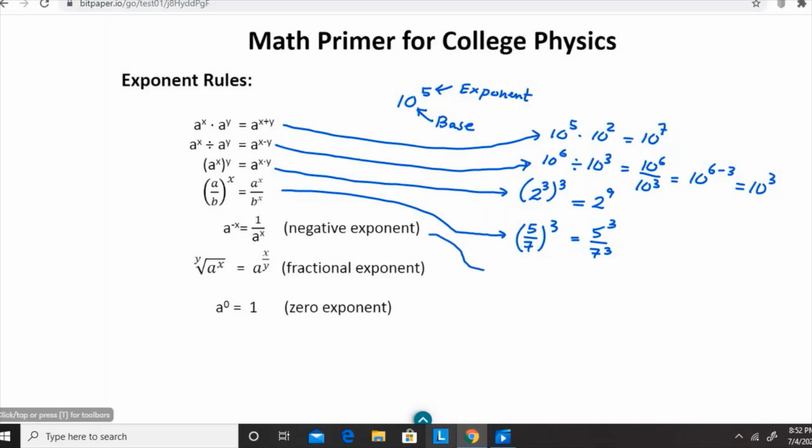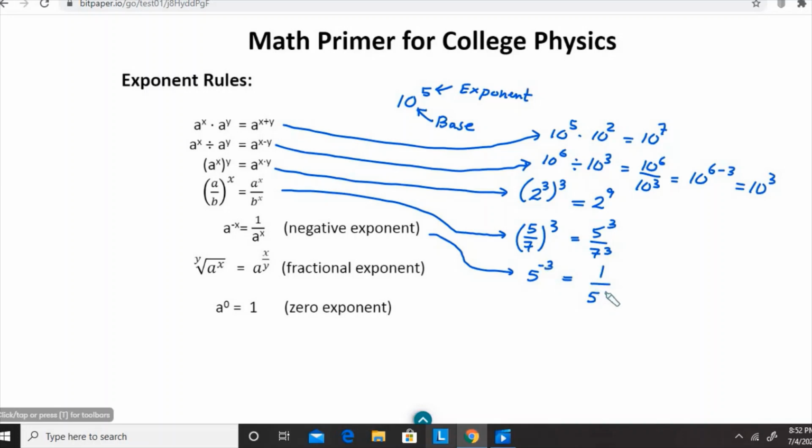The other rule is the negative exponent. So that means, let's say you have this number 5 raised to the power negative 3. You can simply take the reciprocal of this. 1 over, if you take the reciprocal, 1 over the number, then the sign of the exponent changes.